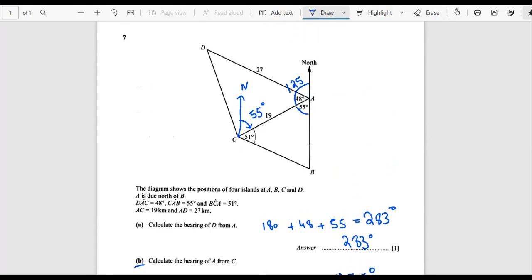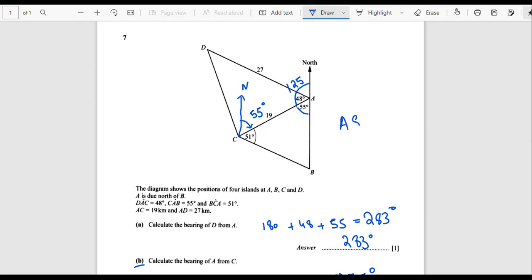That is very easy. Okay. So basically, we can use the sine ratio, since we are interested in finding out AB.